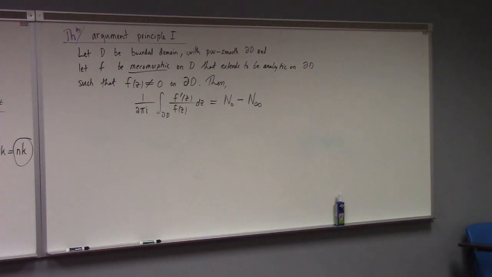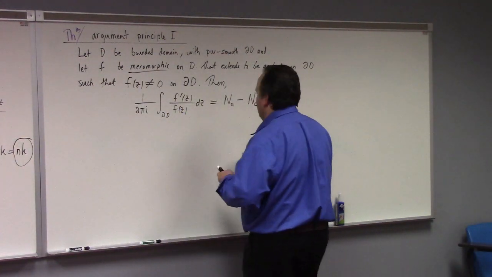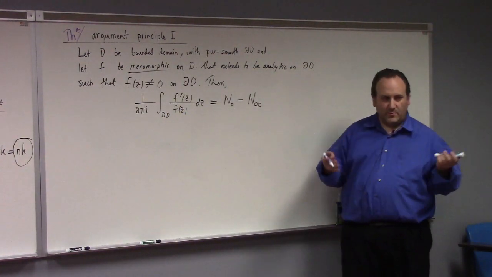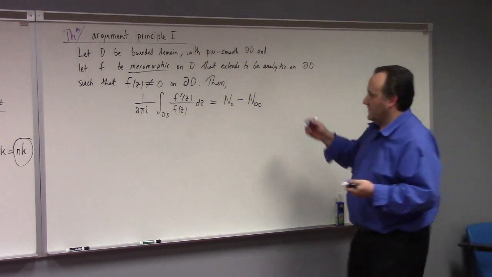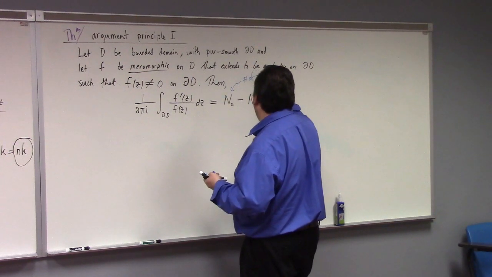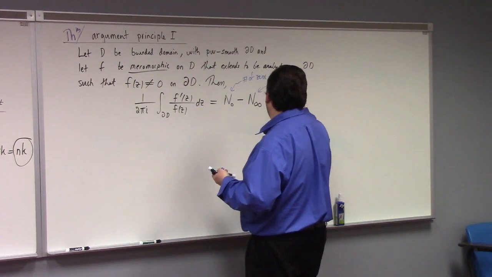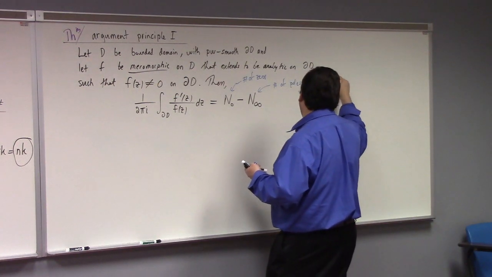N sub 0 is the number of zeros inside D, counting multiplicity, right? And n infinity is the number of poles, where we say, for example, a simple pole counts as 1, a double pole counts as 2, a triple pole counts as 3. You get the idea? So, the number of zeros minus the number of poles, both, of course, inside D.